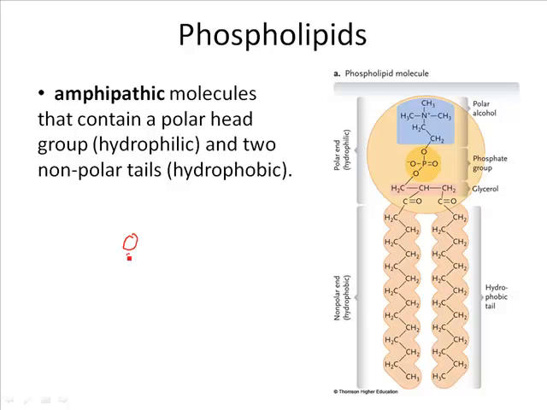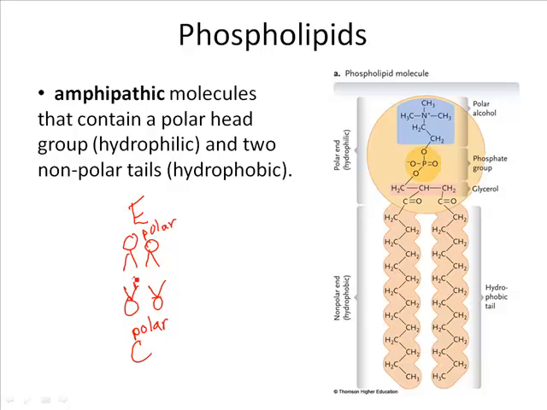How about I arrange them in this fashion? Again, here's my cytosol. Here's my extracellular matrix. Does that arrangement of phospholipids work? Absolutely, right? Because here we have our polar head groups facing the exterior of the membrane, both the extracellular face and the cytosolic face.